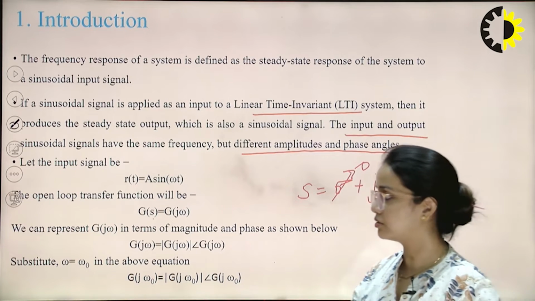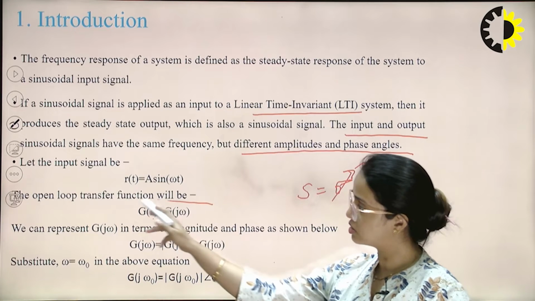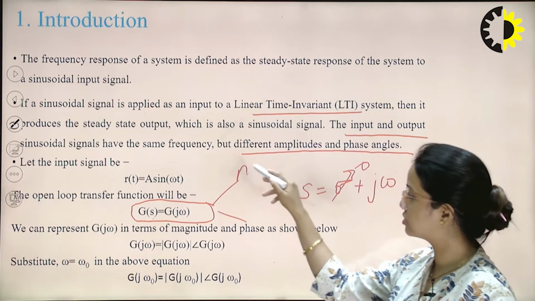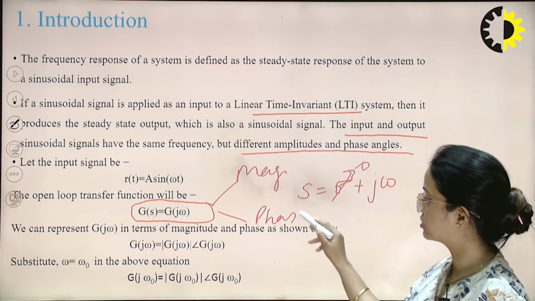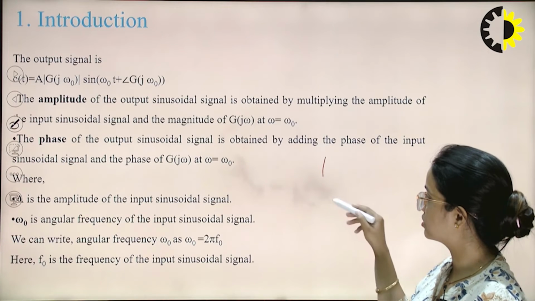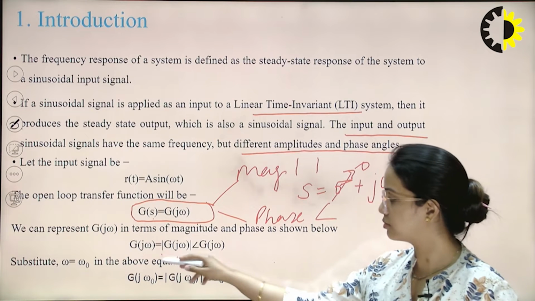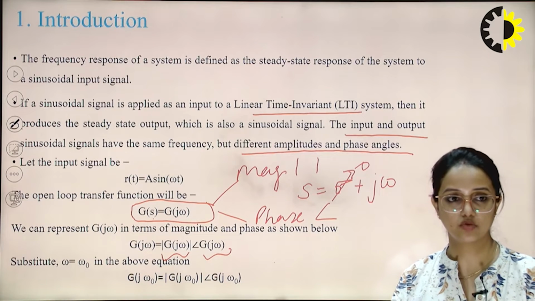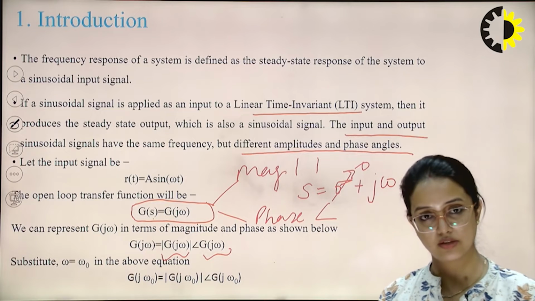We can represent G(j omega) in terms of magnitude and phase. So this can be rewritten in two parts: first is the magnitude, which we have already studied, and another is the phase. Now, what is the variable here? Omega. For different values of omega, we will have different magnitudes and different phases.